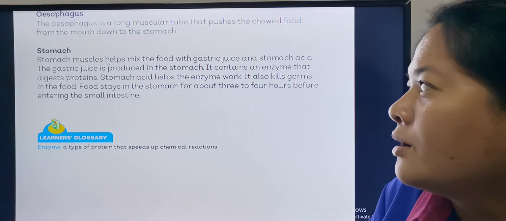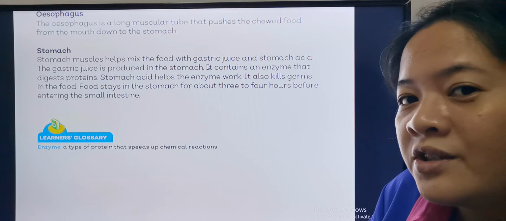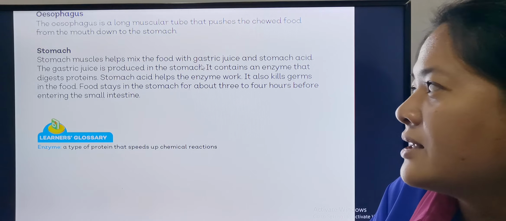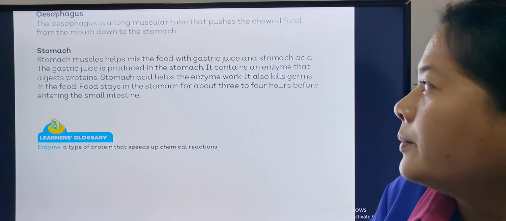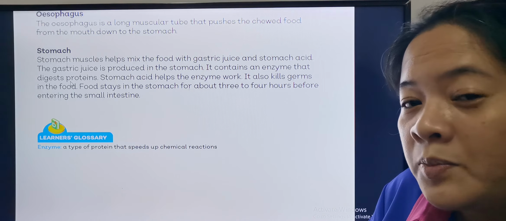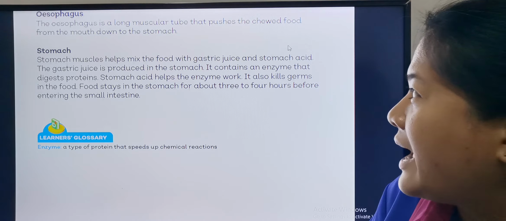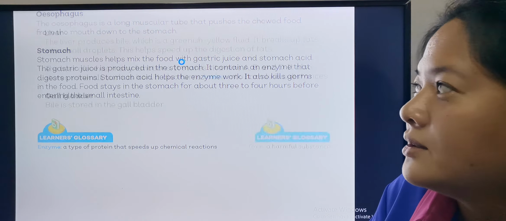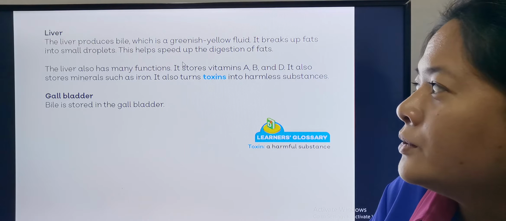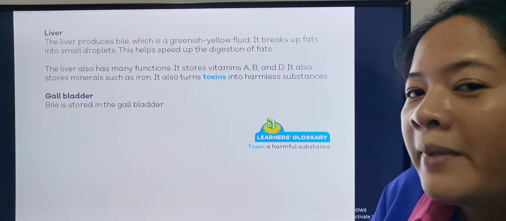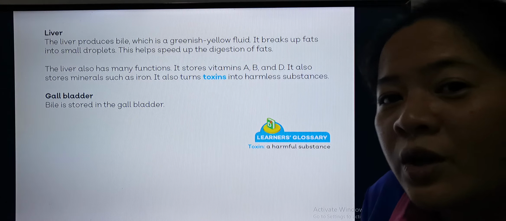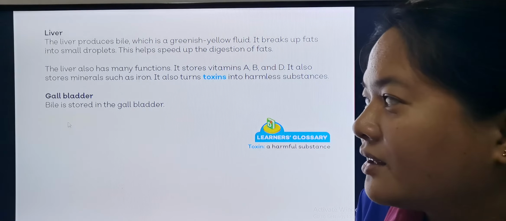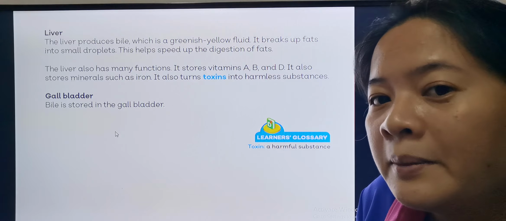And then the stomach contains gastric juice and stomach acids. Gastric juice helps to digest proteins, and then stomach acid kills the bacteria in the food that we eat. Okay, liver produces bile. Bile is needed in the digestion of fats, and gallbladder stores the bile.